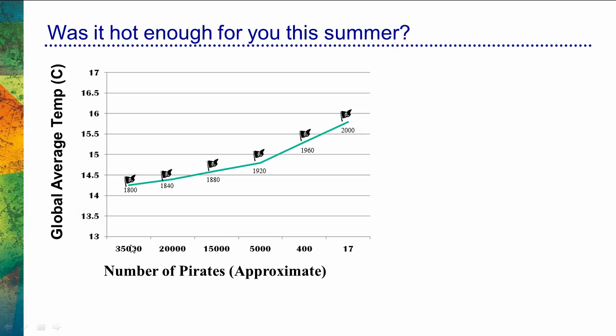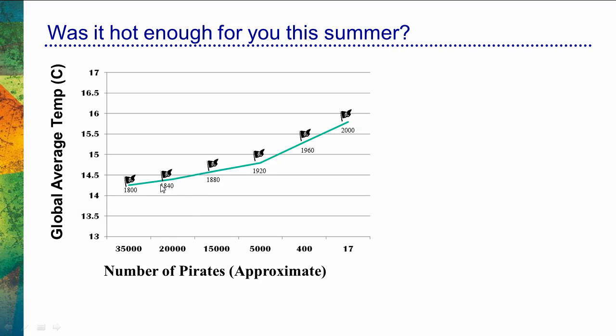But what I listed down here, associated with those years and those temperatures, is approximately the number of pirates that were working full-time in the seas across the globe at that point, about 35,000 back in the year 1800. In 1840, there were about 20,000 pirates.